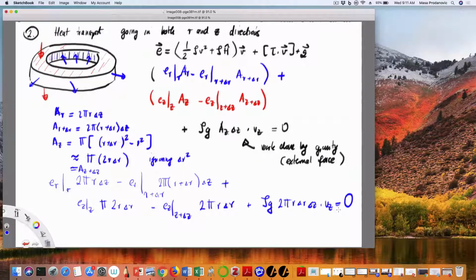So I would again divide that by the volume. Okay, so this is the volume of the element.